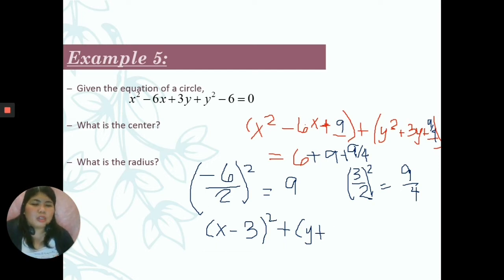I will write plus because the middle sign is positive. Actually, you can see the square root here from the number that we solved earlier. So the square root of 9 over 4 is 3 over 2, squared.